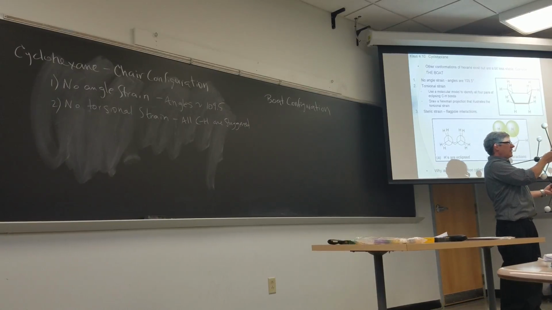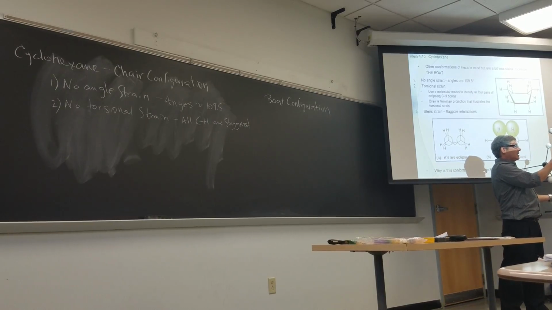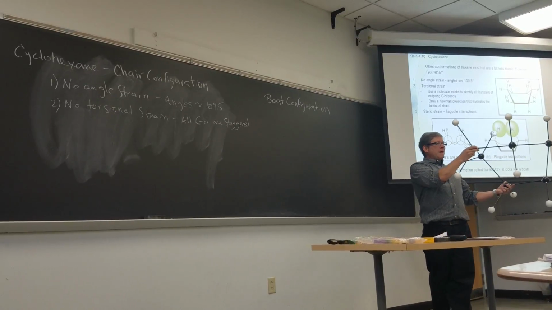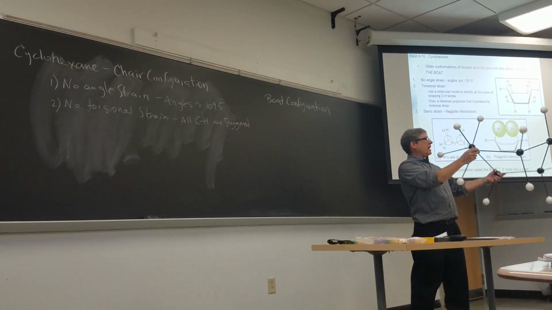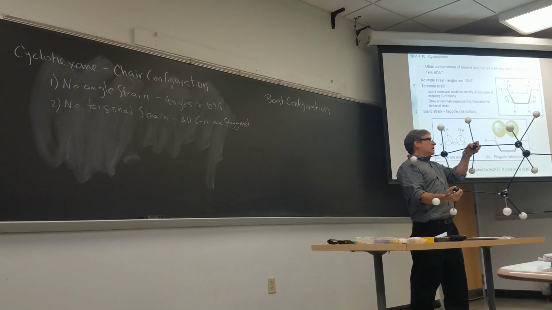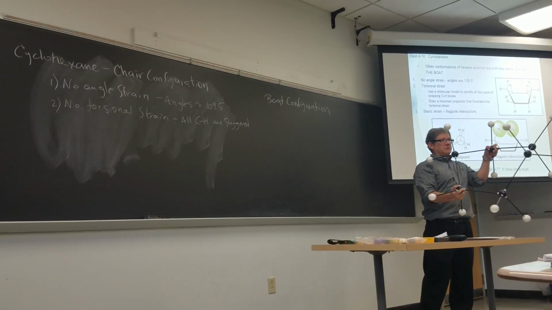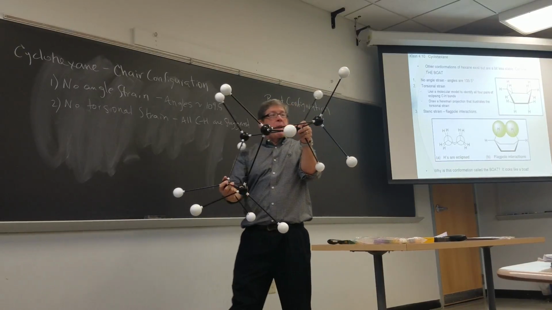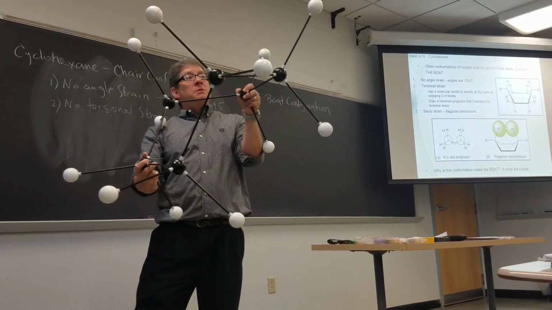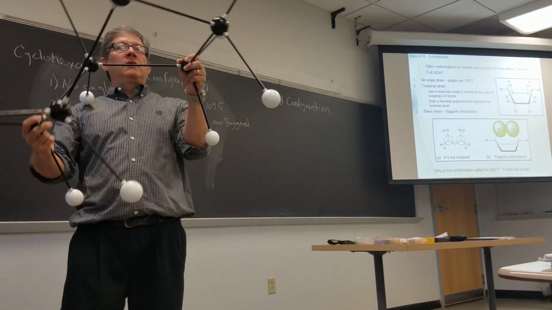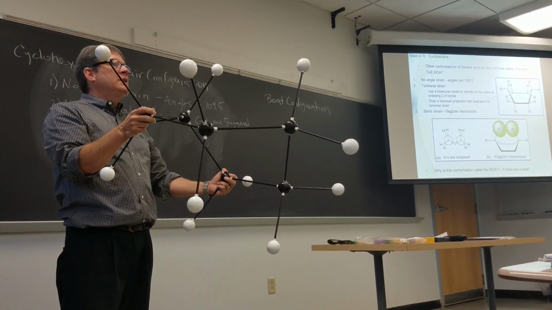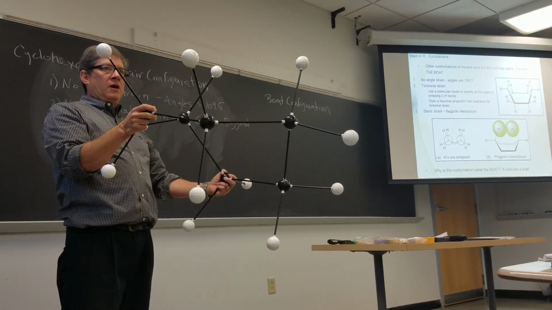So if I look down that, you can see that as I'm on the right or the left-hand side of my boat, if I look on that side, or if I look on that side, these hydrogens are eclipsed, right? So we know that there's an energy penalty for being in this configuration because of that eclipse interaction, right? And by the way, what does that energy cost again? How many kilojoules per mole is it for each of these?